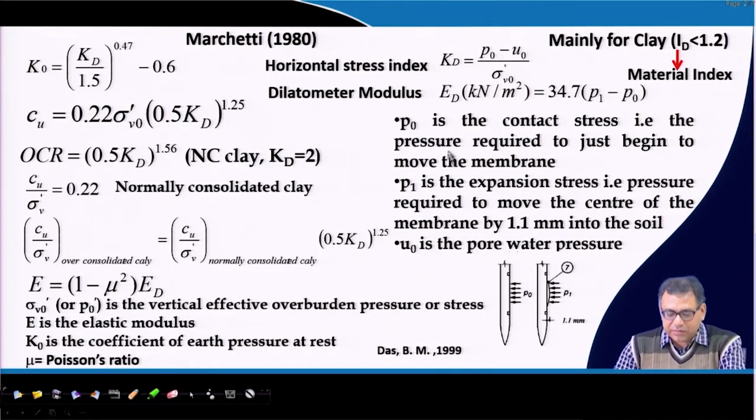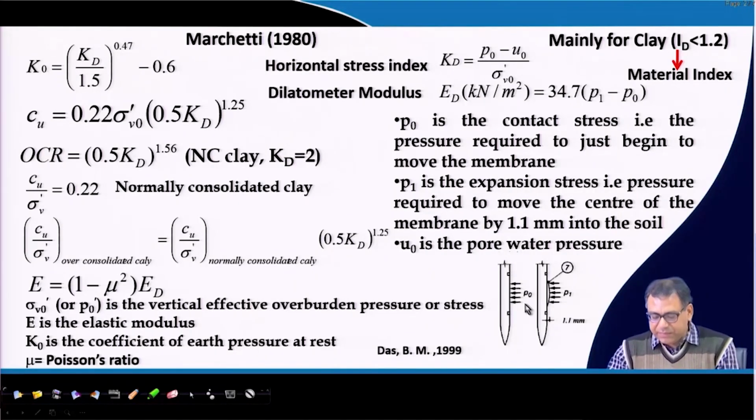So, it is clear what P0 and P1 are: P0 is the pressure required to just begin to move the membrane, and P1 is the pressure required to move the center of the membrane by 1.1 millimeter into the soil.